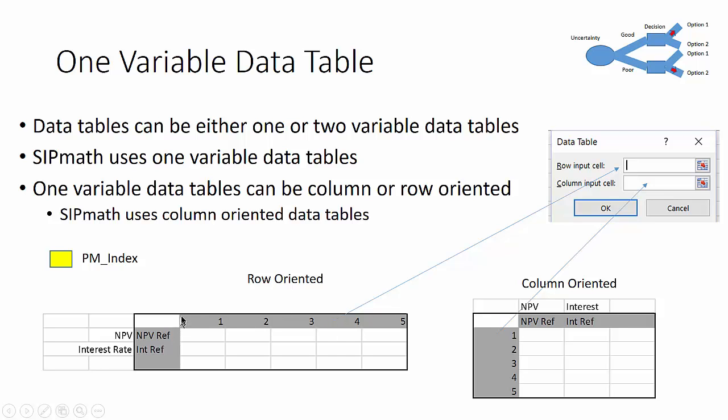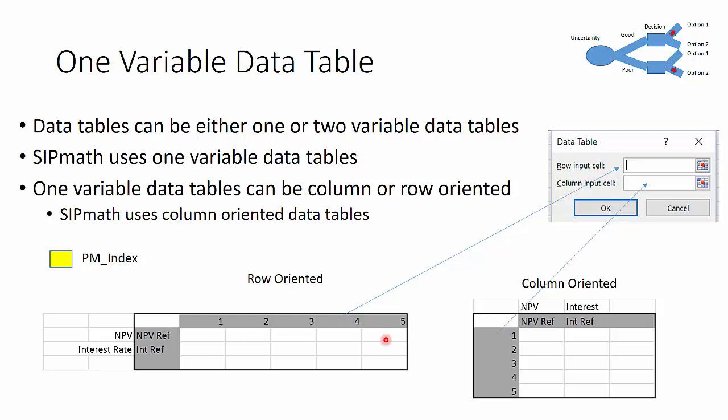And let's assume that I want to calculate the sensitivity of the MPV to various interest rates. So I could calculate my MPV and put that value right here as a formula and put the interest rate that I'm using down here. When this is set up as a data table, all the different MPVs and the interest rates will fill in these 5 scenarios.